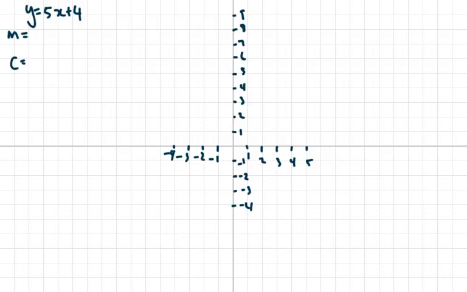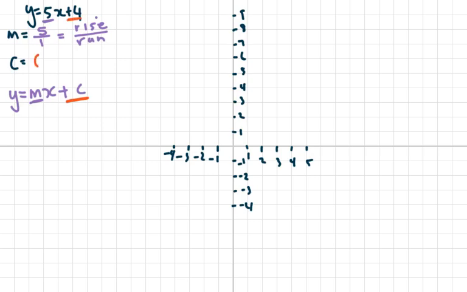The equation that we're looking at is y equals 5x plus 4. If you remember our equation, y equals mx plus c, the m, or the coefficient, tells us the gradient, which is 5/1, written in the form of rise over run. The next point we've got to find from our equation is the y-intercept, and that is this constant here.